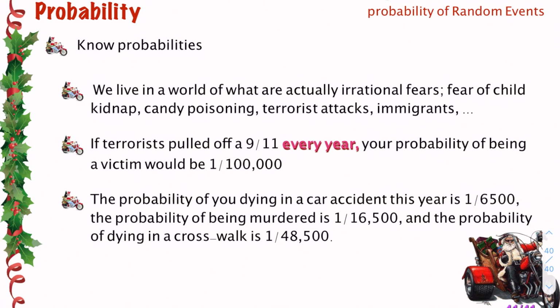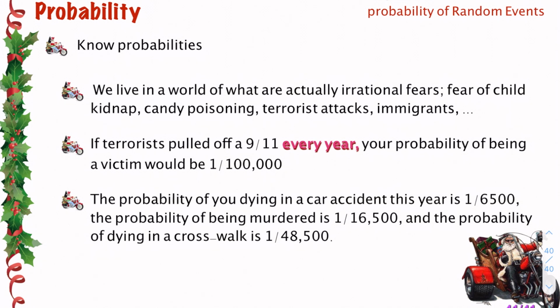There's a lot of known probabilities. We live in a world of what are actually irrational fears, like fear of child kidnapping or candy poisoning or a terrorist attack or immigrants. If terrorists pulled off a 9/11 every year, your probability of being a victim would be 1 in 100,000. That's infinitesimal. The probability of you dying in a car accident this year is 1 in 6,500.